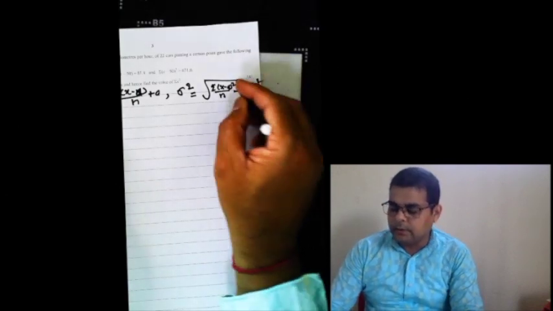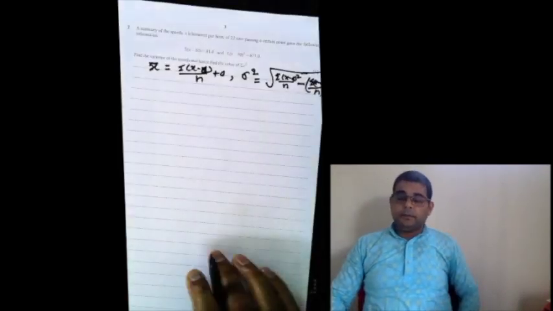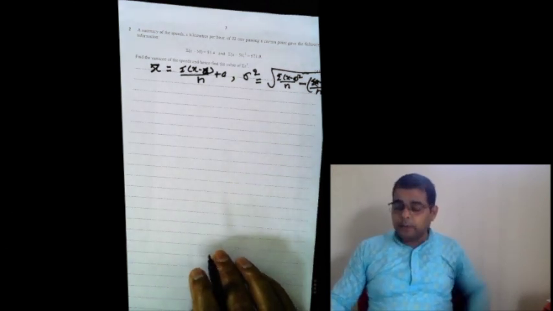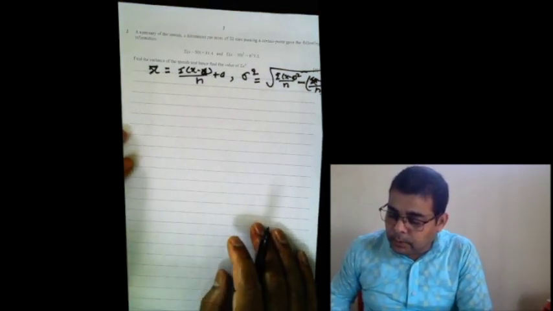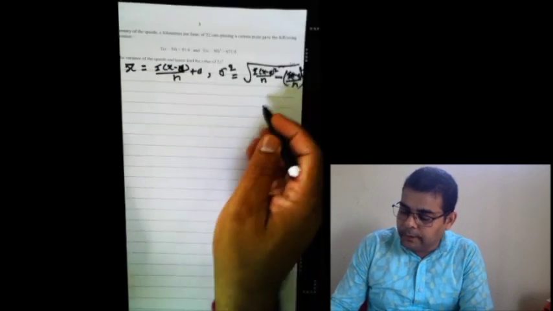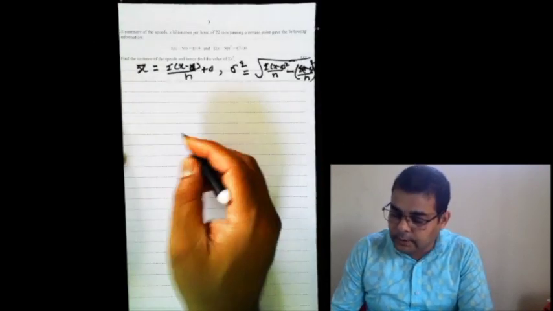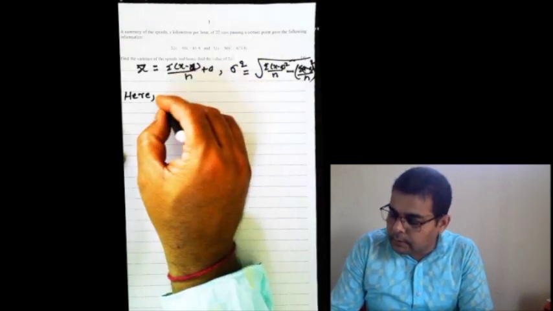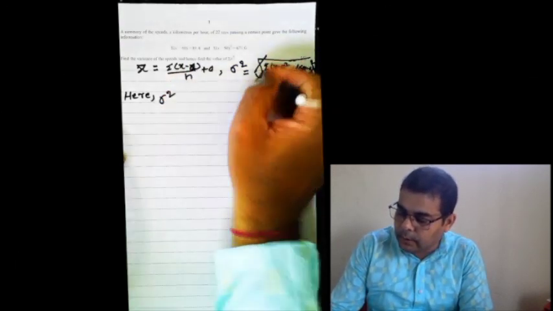Okay, so this sort of formula, it is better you remember this, even though this is given in the formula booklet. So if I'm going to find the variance, my variance value is sigma squared, you don't require the root.